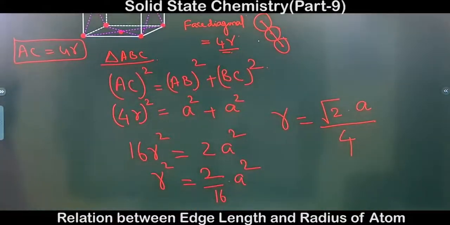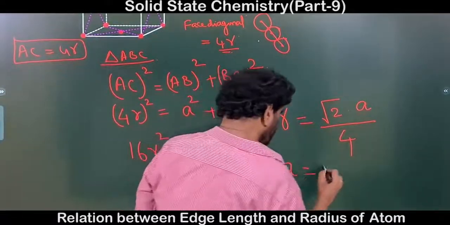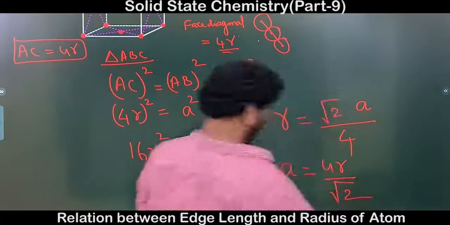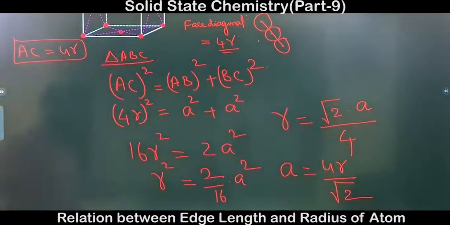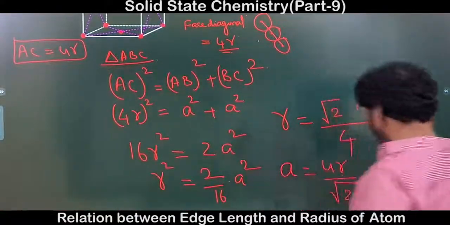This is the relation. Or else a is equal to 4r by root 2. This is the relation for the face centered cubic structure.